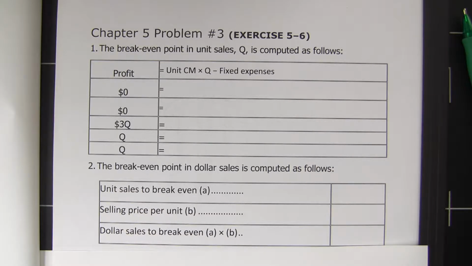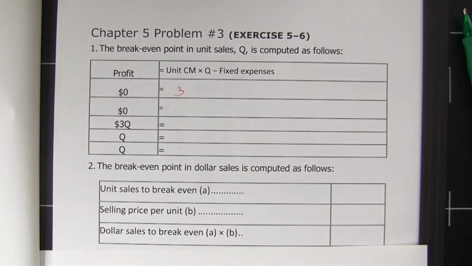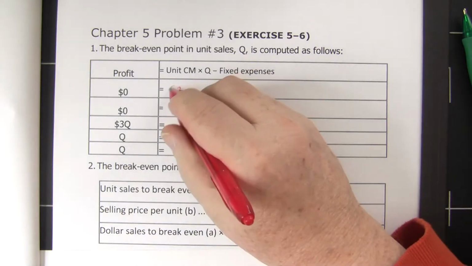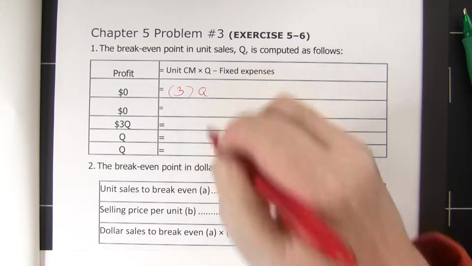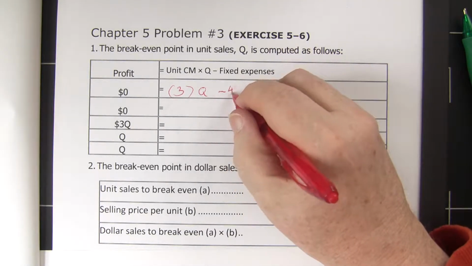Break-even point, by definition, is that point where the economic profit equals 0. In other words, all expenses have been covered. So, we need the unit contribution margin, which we computed as 3, times the quantity, and we're not sure what that is, so we'll leave that as Q, minus 4,200.